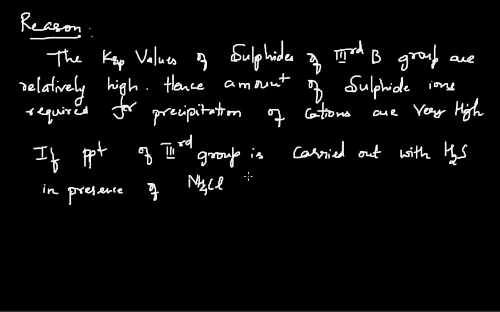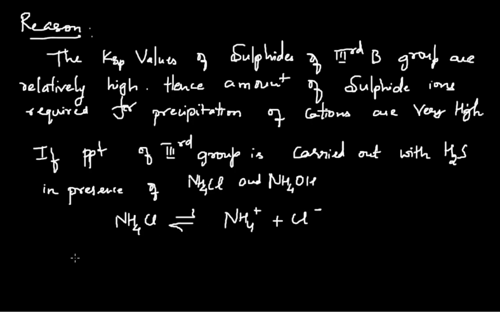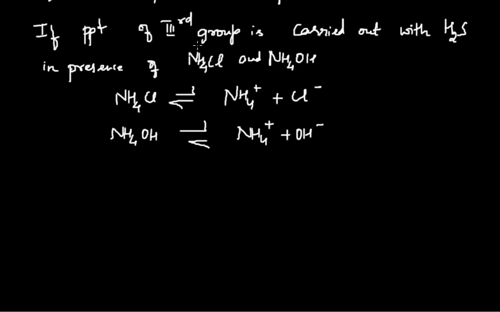If this precipitation of third group is carried out in presence of NH4Cl and NH4OH, what happens is ammonium chloride will ionize as NH4 plus and Cl minus. NH4OH will ionize as NH4 plus and OH minus.